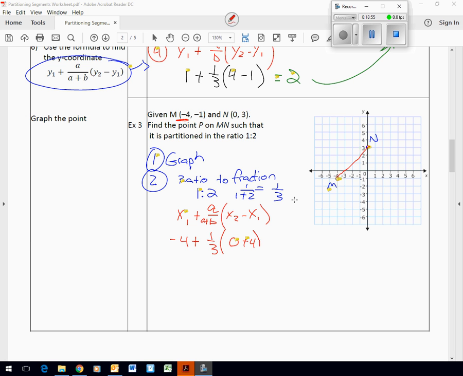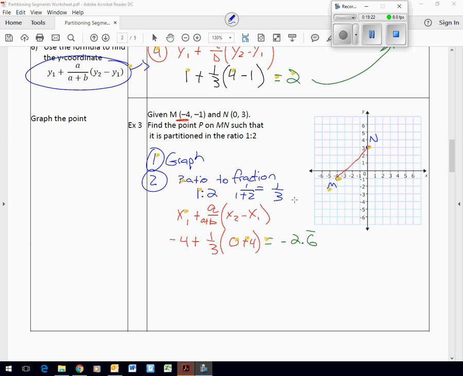I've heard a lot of people talk about decimals and fractions. So -4 plus 1/3 of 4. I'm getting -8/3, which is -2.6 repeating.